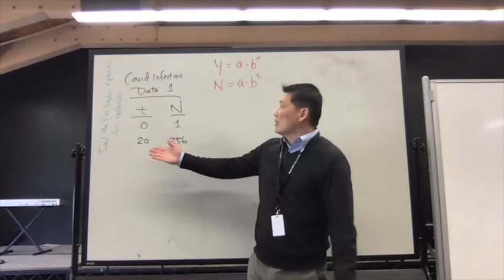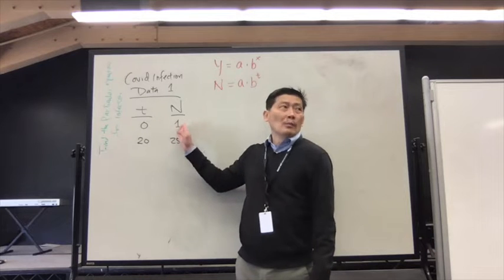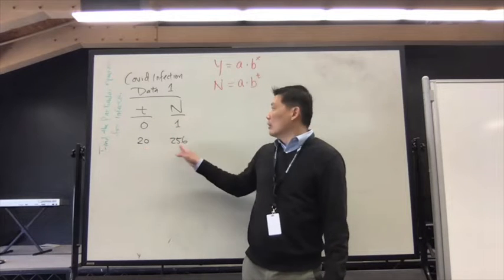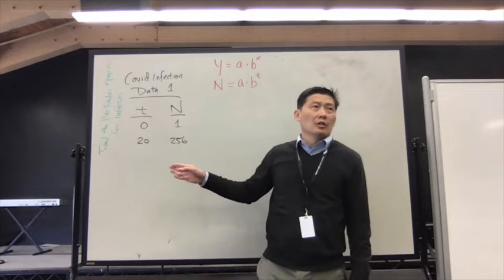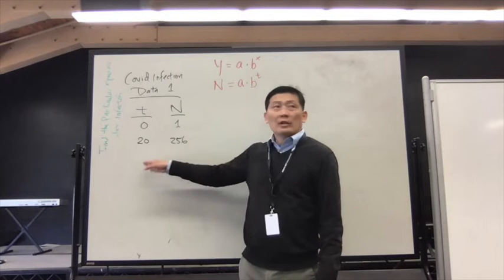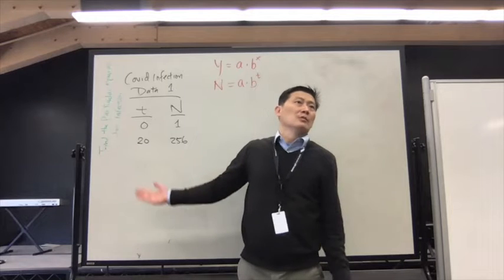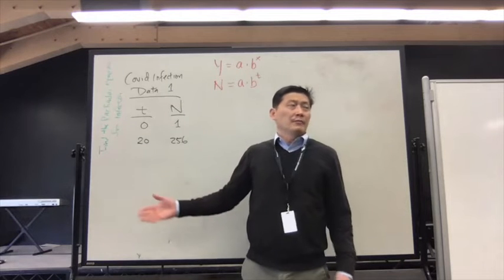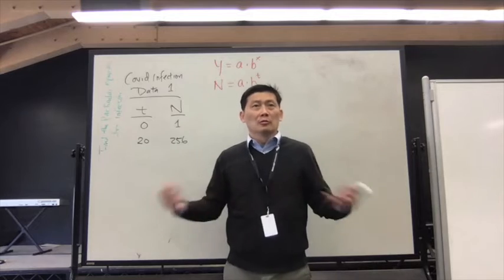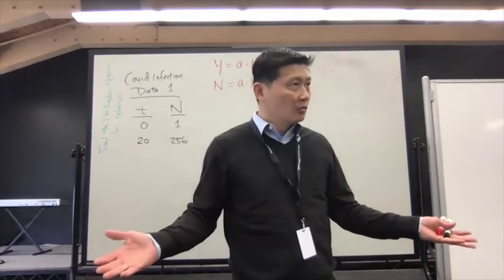If we say, okay, we know that day one is one person, day 20th, we have 256 people infected by COVID, then the question is, what is day 40th, right? 40 days later, how many people will be infected?